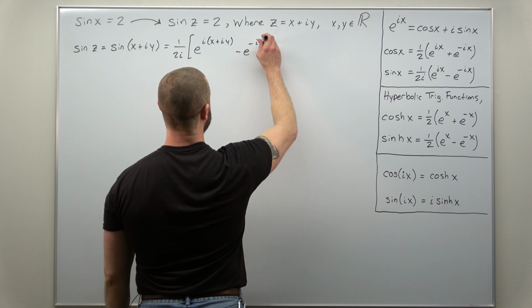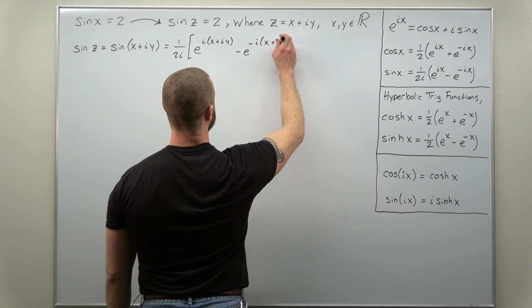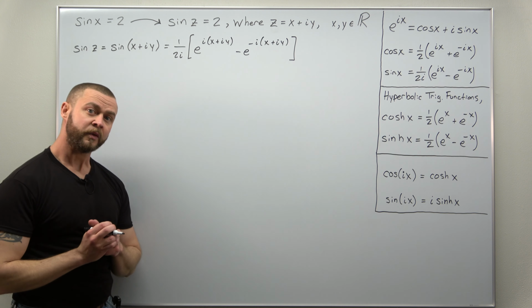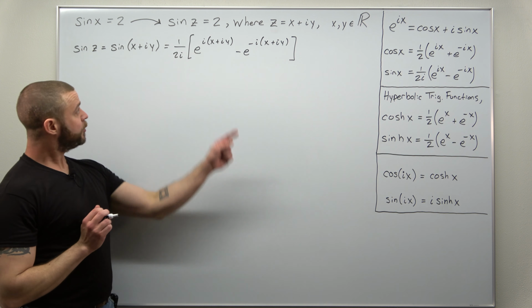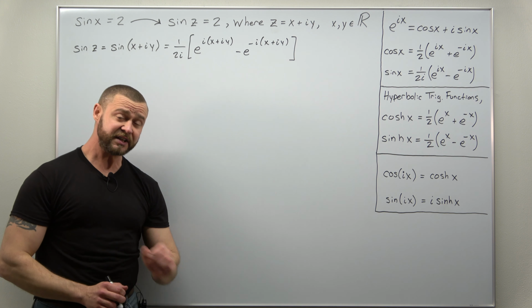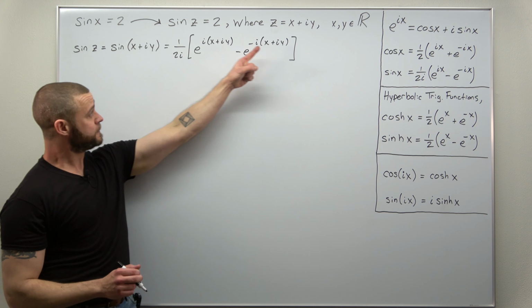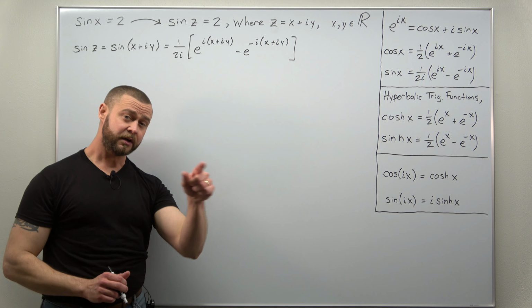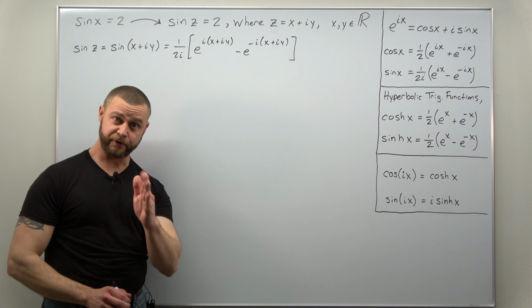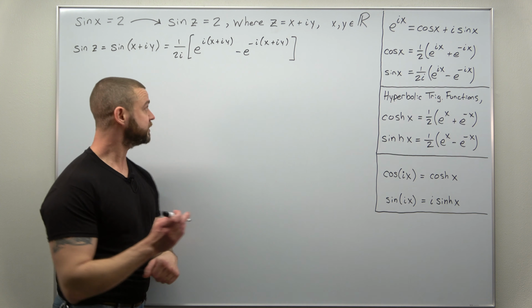So e to the negative i times x plus iy. Next bit of work is we're going to distribute the factors of i and negative i through the parentheses, and due to the addition in those exponents, we can split that apart as a product of exponentials using basic exponent rules. So let's do that.